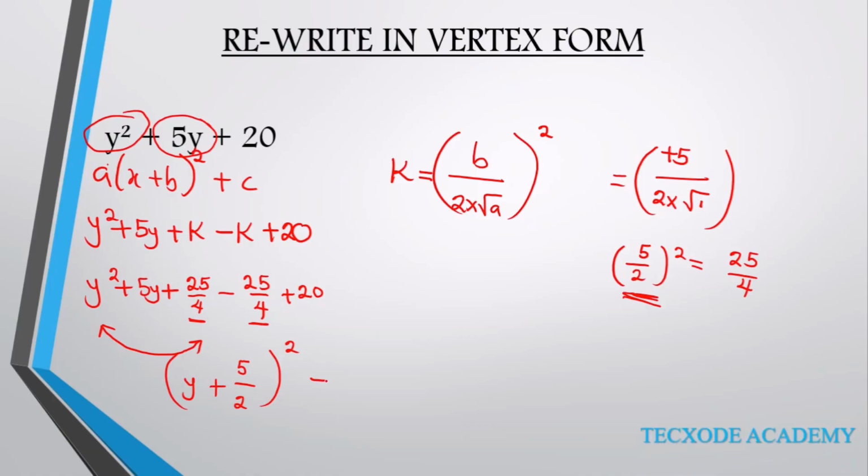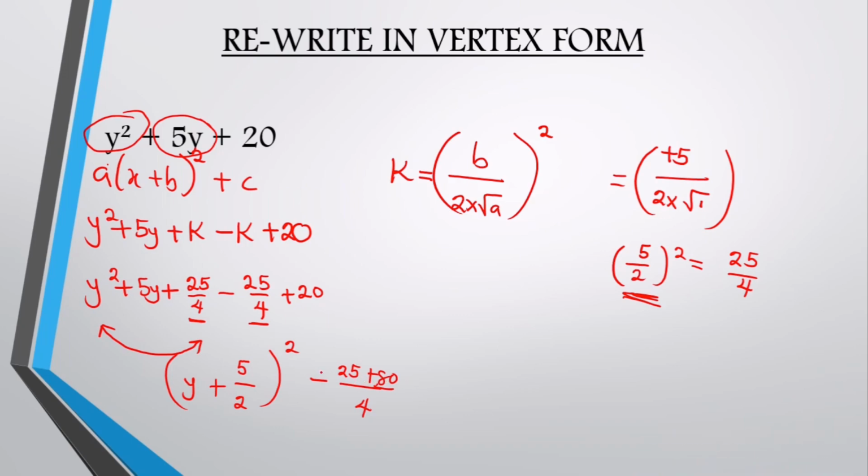That would be take away 25, add 80, everything over 4. Okay, and that's just fraction manipulation. There is no biggie there.